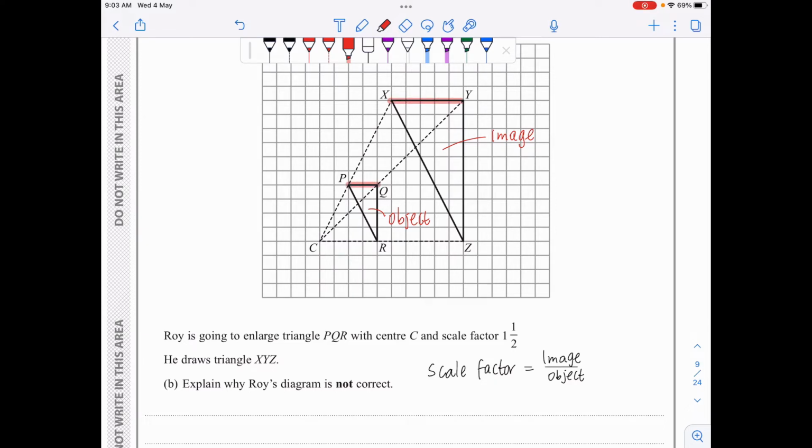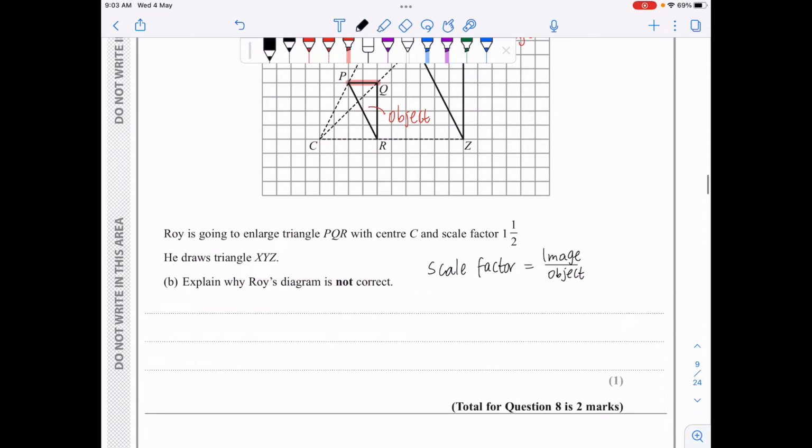So XY over PQ, well, XY has a length of 5 units and PQ a length of 2 units, which is 2.5, which is not equal to 1.5. So the scale factor is not 1.5. That's the mistake that Roy did. He has actually enlarged by a scale factor of 2.5.